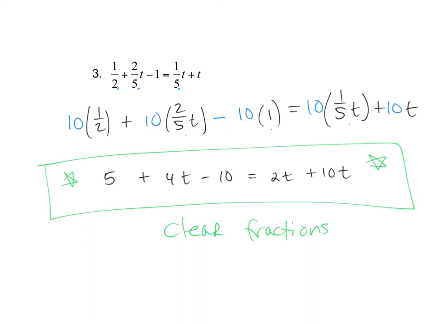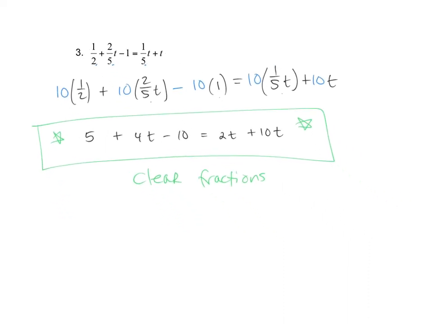And now from here you're going to go through and solve for t. So you can pause the video again and see what you get. Your final answer here should be t equals -5/8.